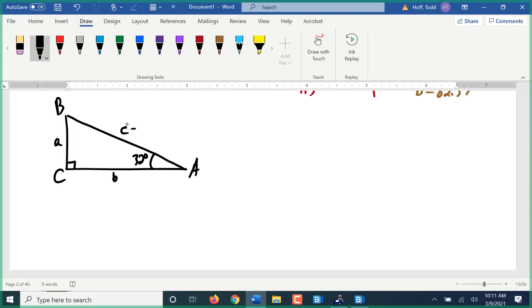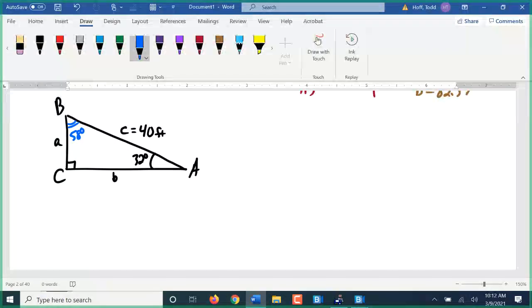Let's say I'm told that side C, the hypotenuse, is 40 feet. Now, of course, I can find angle B here. That is going to be 58 degrees, simply subtracting the 90 and the 32 from 180. Or realistically, I just take 90 minus the 32. Those two angles have to be complements.